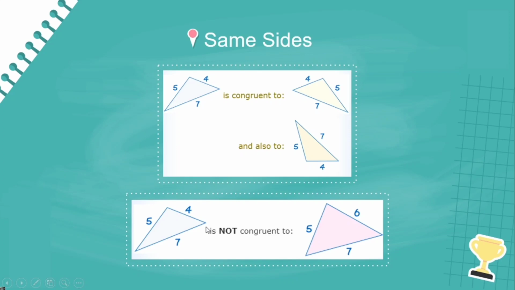So basically, they are not congruent. If all of the corresponding sides of two triangles are equal or congruent, then we can say that the two triangles are congruent.